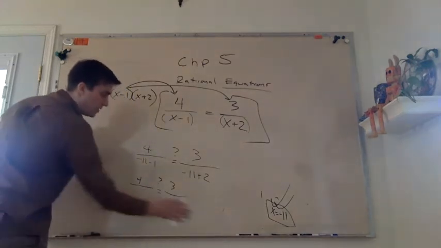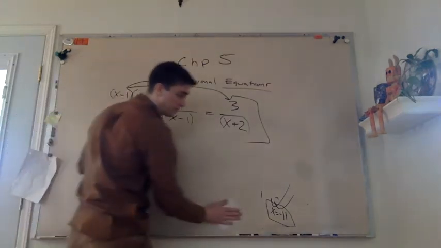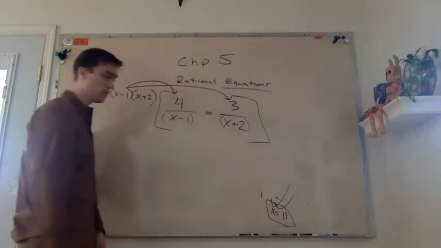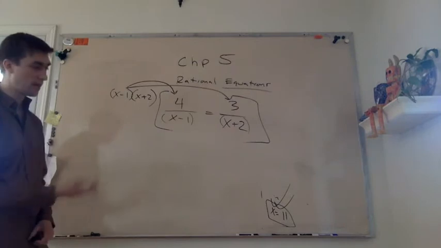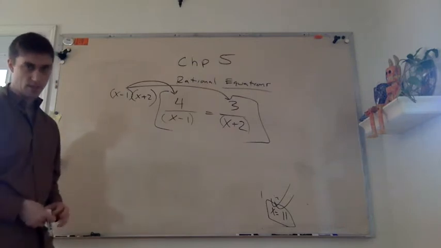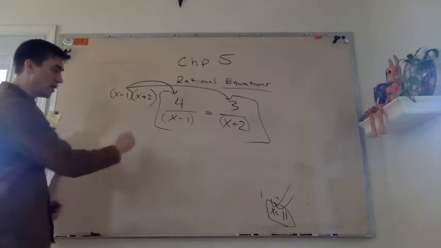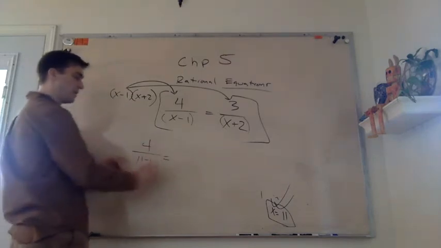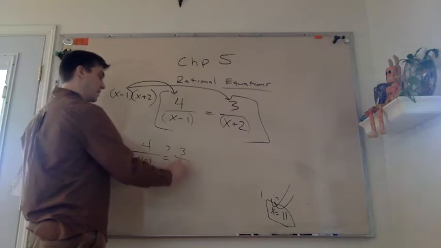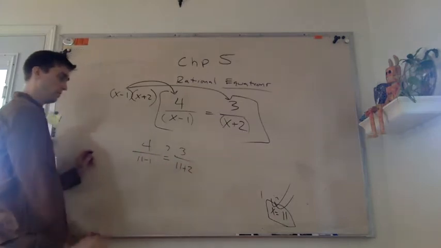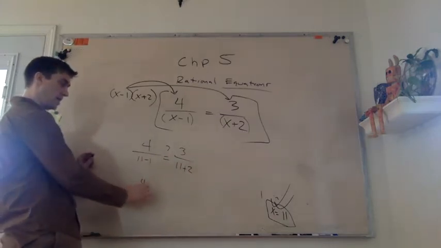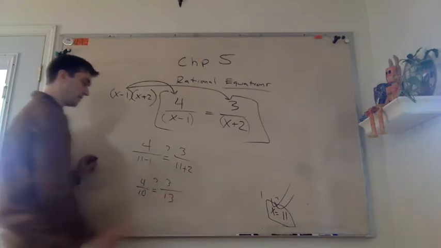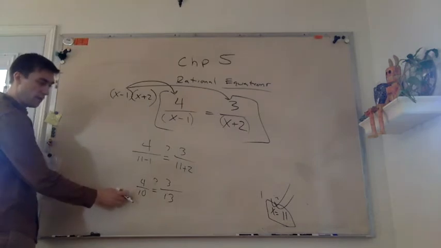Another point I just want to make here: let's say that I or you flipped a negative. You get x equals positive 11. Accidentally. You made a mistake. Go back and check: is 4 divided by 11 minus 1 equal to 3 divided by 11 plus 2? 4 divided by 10, is that equal to 3 divided by 13? Simplify both of these, right?